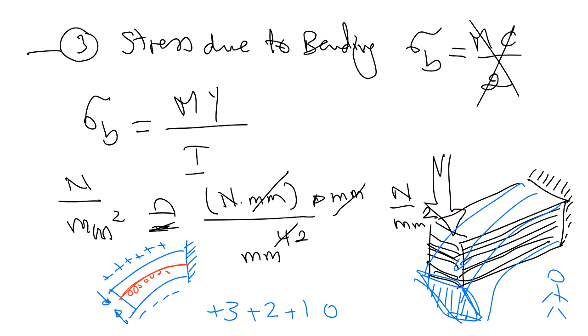Okay, now I'm going to draw it again. Here is the situation, guys. I'm going to make it bigger. This is your cantilever. This is the plane of rotation of that cantilever. Okay, no problem.